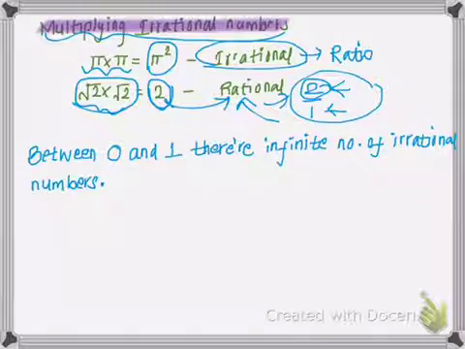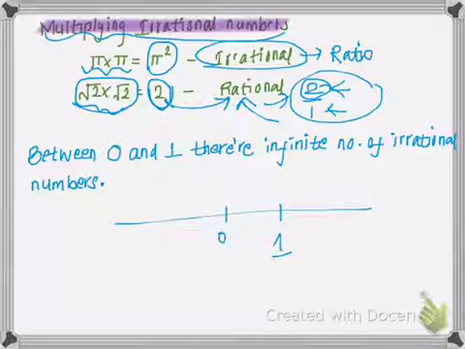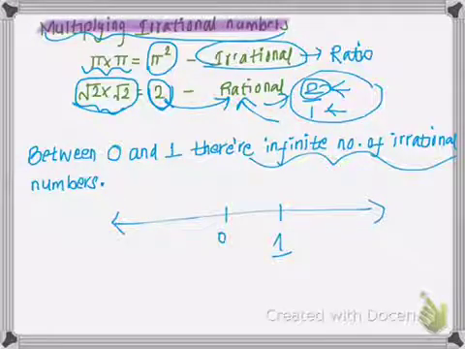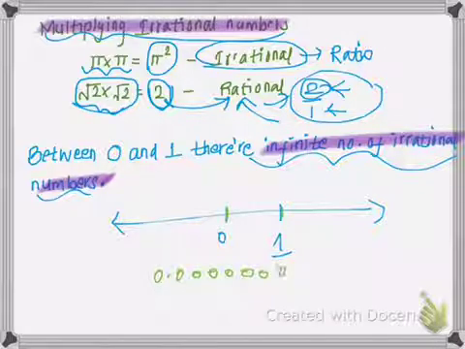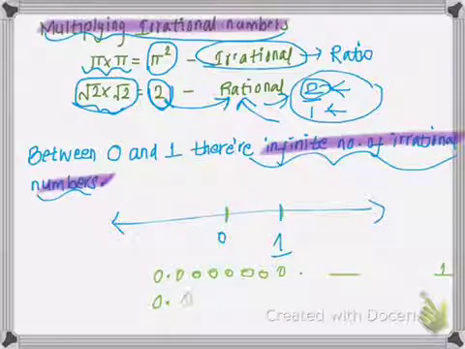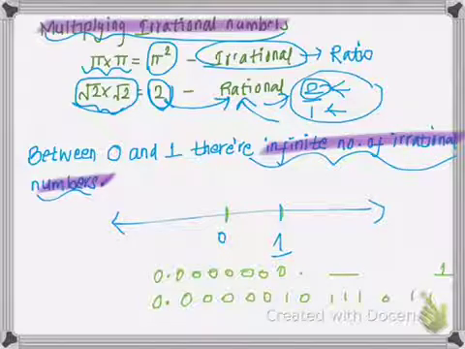And one more thing I want you to remember is between 0 and 1 on the number line, we've got infinite irrational numbers. After 0, we have 0.0000000, and at last there might be 1. Similarly, the number after that is 0.0000010111101, something like that.